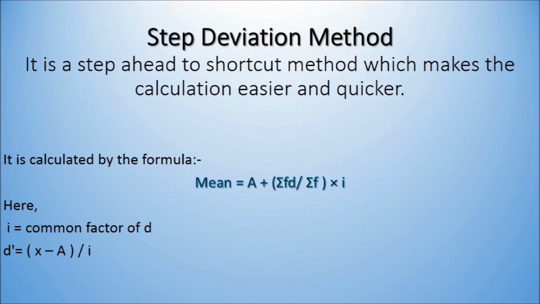The third method, the step deviation method, is a method which has an extra step to make calculations easier and quicker. Its formula being a plus sigma fd dash upon sigma f into i. Now, for this we need to create a table with 5 columns.